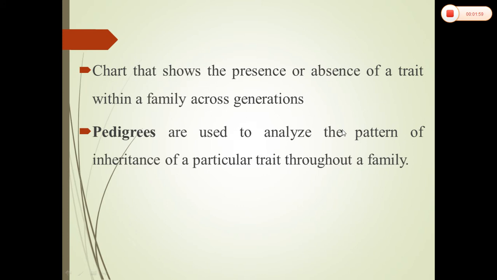These pedigrees are used to analyze the pattern of inheritance of a particular trait throughout a family. When we see examples, I will show you some simple charts. Now what is the use of this?